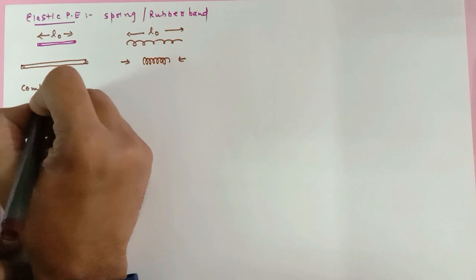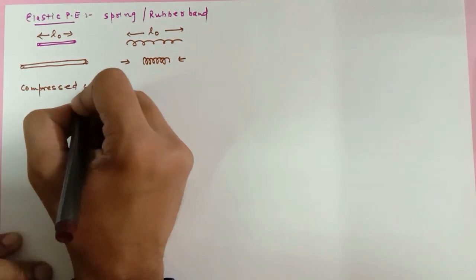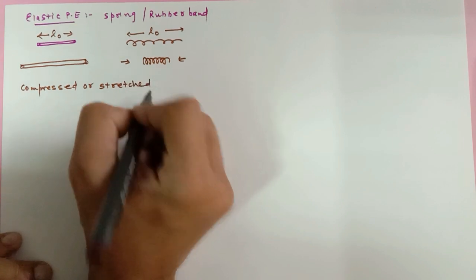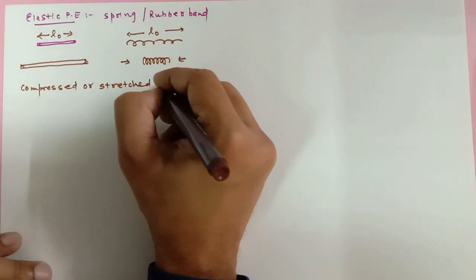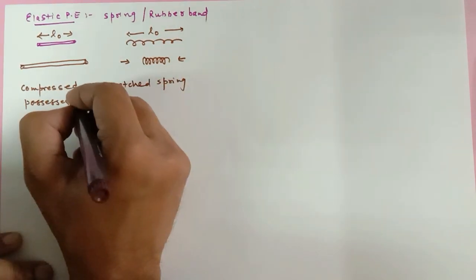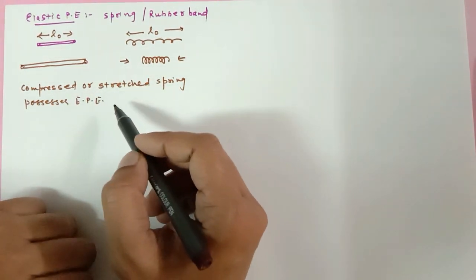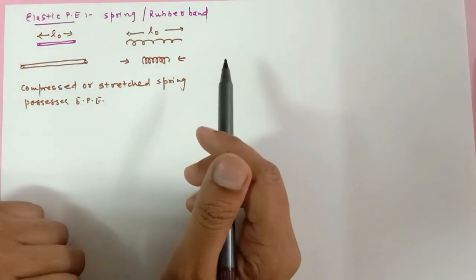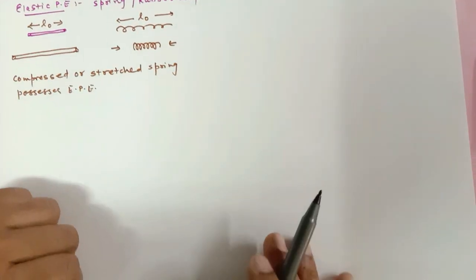So a compressed or stretched rubber band or spring possesses elastic potential energy. Its formula, people, is half kx square, where k is the spring constant. Again, we will not get into that discussion. Just remember this, right? Okay.